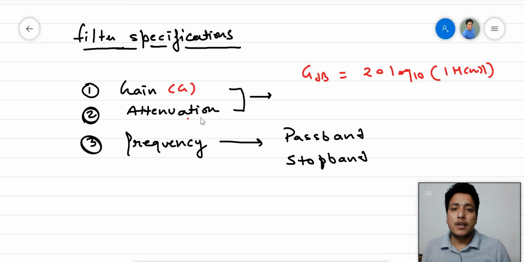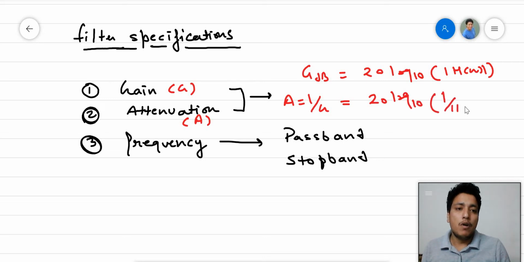Attenuation is denoted as A and it is 1 by G. So A is equal to 1 by G, that is equal to 20 log base 10 1 by mod of H omega, that is equal to minus 20 log base 10 mod H omega.